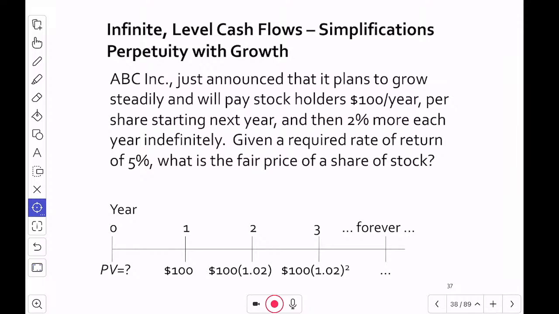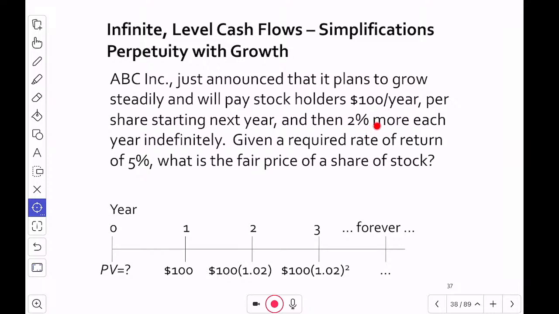In this case, I'm going to add some more realism to this problem by thinking, well, we're going to assume that the company will grow, and it plans to grow indefinitely. It's going to grow at 2% a year.